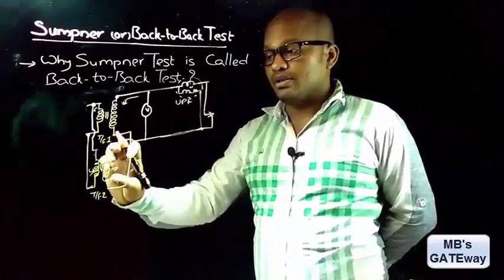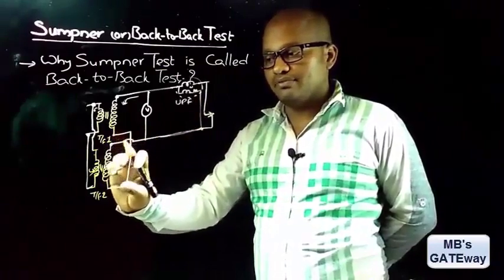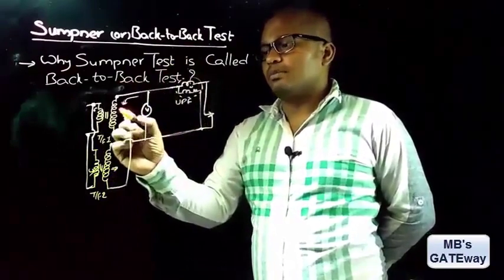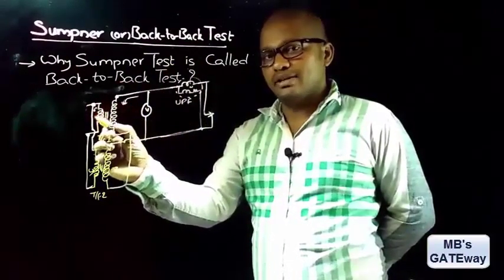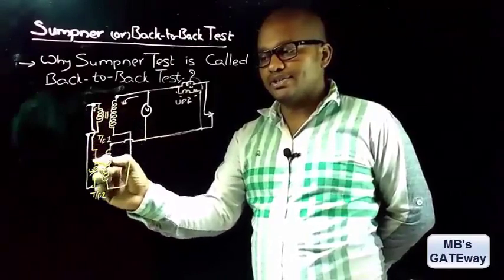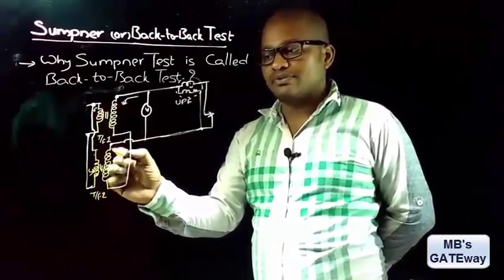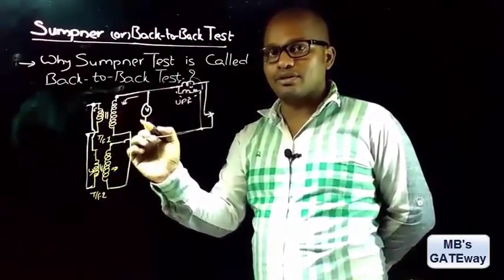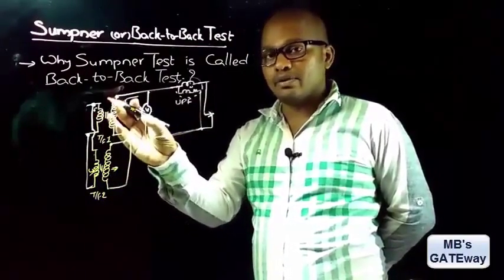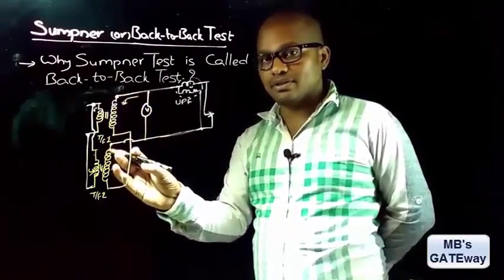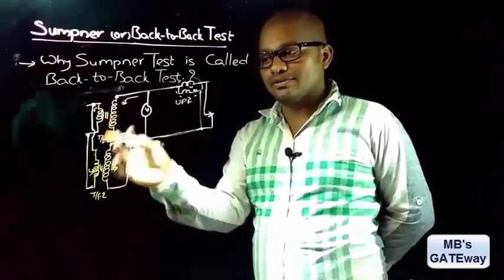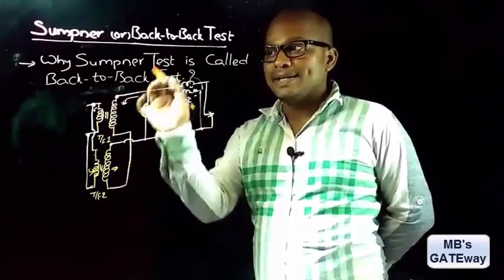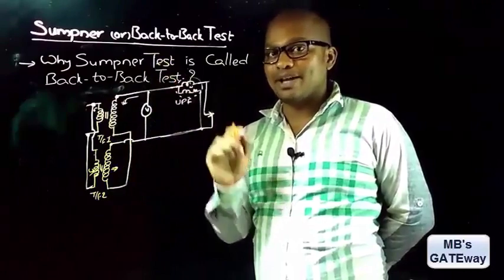Now observe that the output received by this transformer is being fed to this side of transformer 1, which means one transformer will act as load on the other transformer. This transformer's load is this, and this transformer's load is this. Because of this reason, Sumpner's test is also called the back-to-back test.